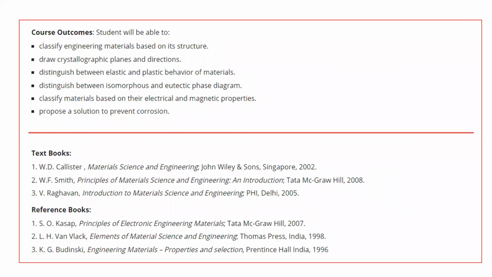Although Callister and Smith are equally good books, since they are written by foreign authors, the level of English language is a little higher, and many students find it difficult to grasp the concepts from these books. But if you are fine with it, you can still use Callister and Smith. Personally, my favorite book is Callister's book, so you can also refer to it. But my personal advice to the students is that you follow Raghavan's book.